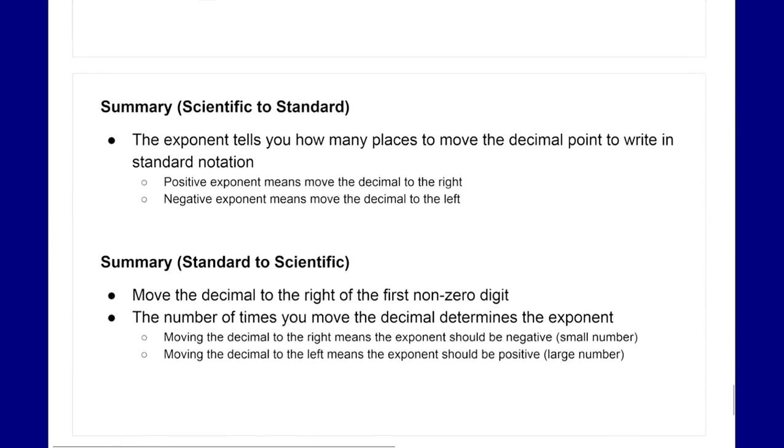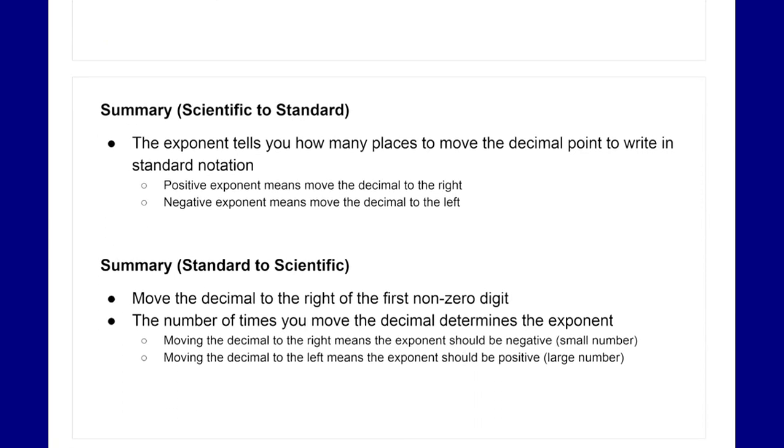So just as a summary, if we're going from scientific to standard, kind of what we just did, the exponent tells you how many places to move the decimal point. If it's a positive exponent, we move the decimal to the right. Negative exponent, we move the decimal to the left. If we're going from standard to scientific, we move the decimal to the right of the first non-zero digit, and the number of times you move the decimal determines the exponent.